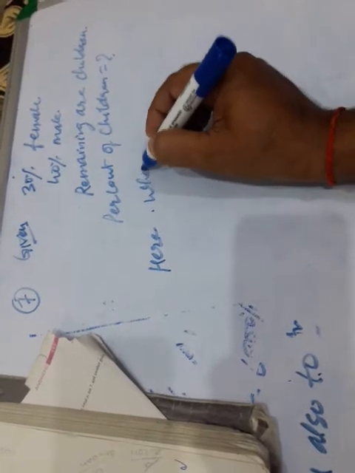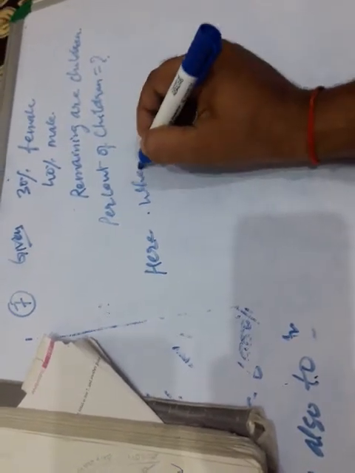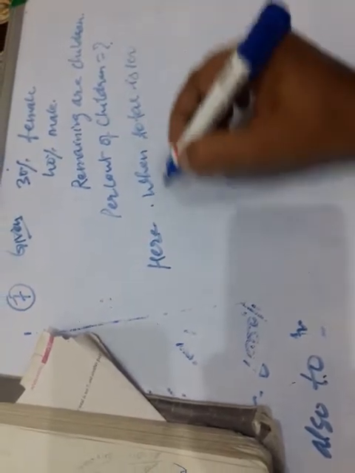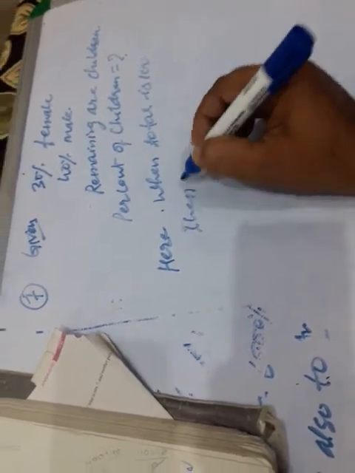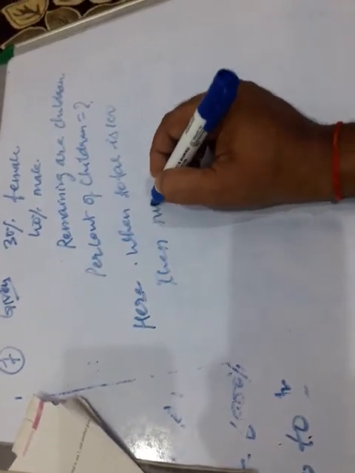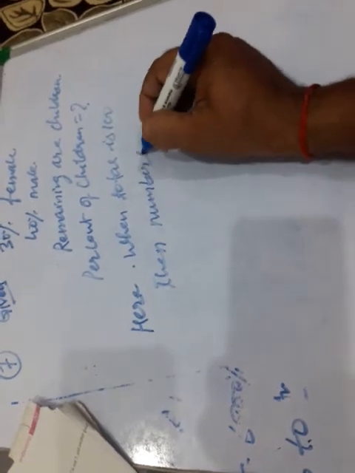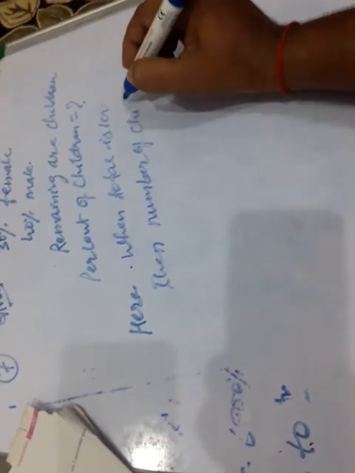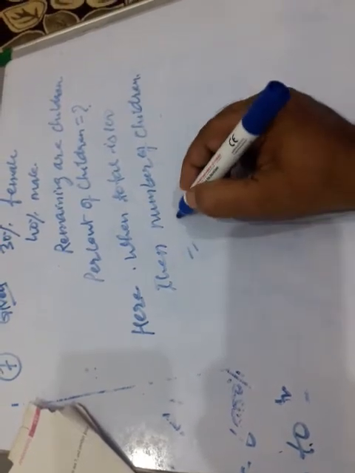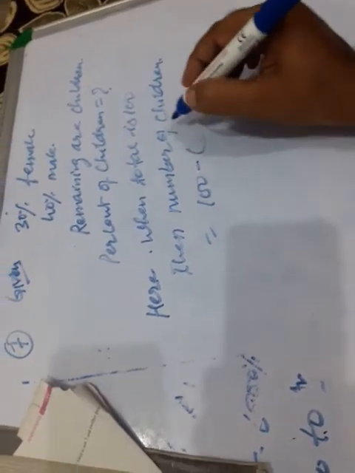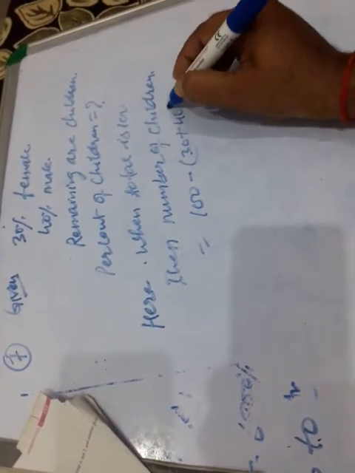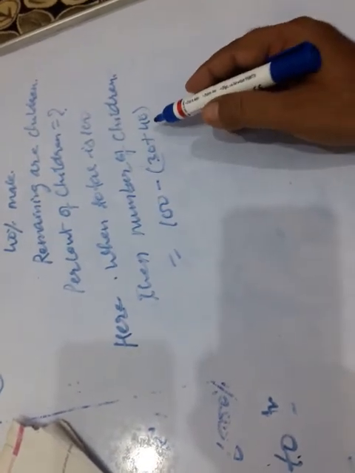When the total is 100, then the number of children is equal to 100 minus the number of females plus the number of males, that is 100 minus (30 plus 40).